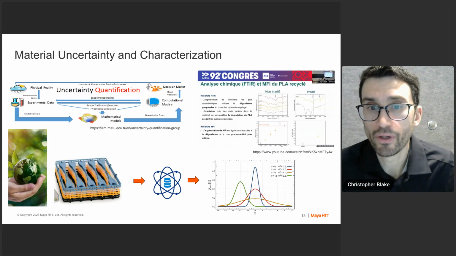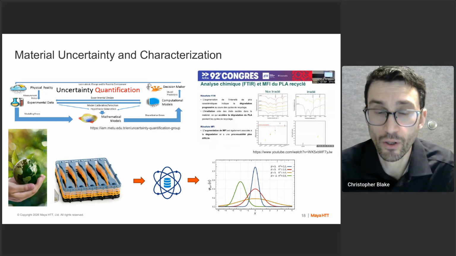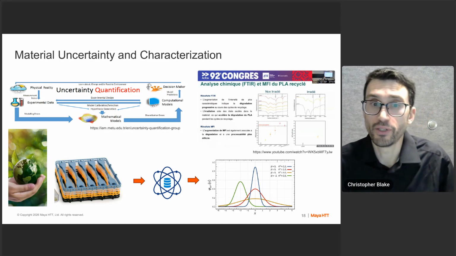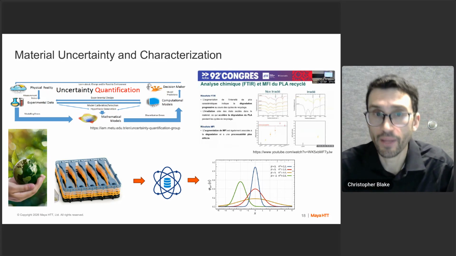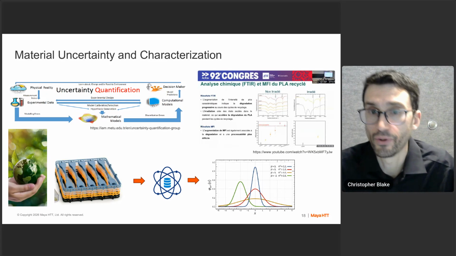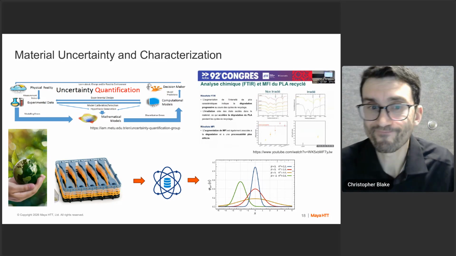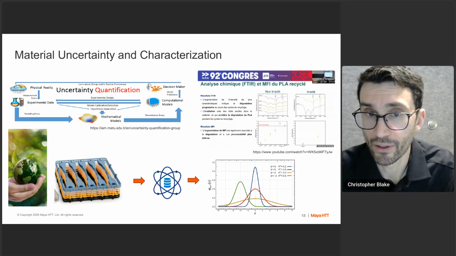But machine learning models can be used to accelerate that sensitivity analysis as well. They can be trained on experimental data from different lots, from different batches. And then the AI model can actually be used as the material model itself. And there are companies that are starting to do this.